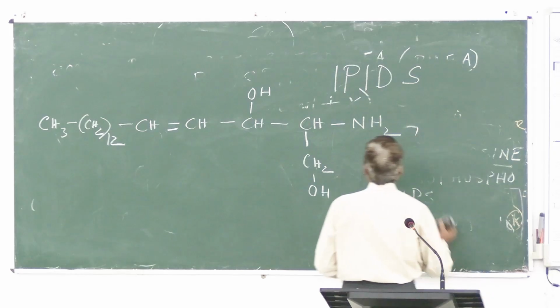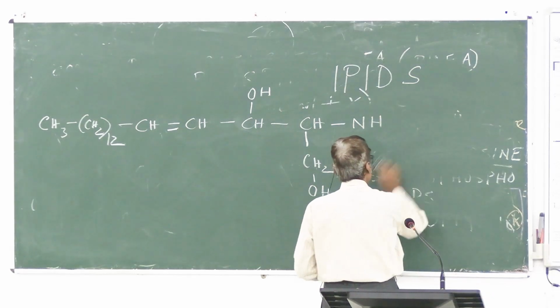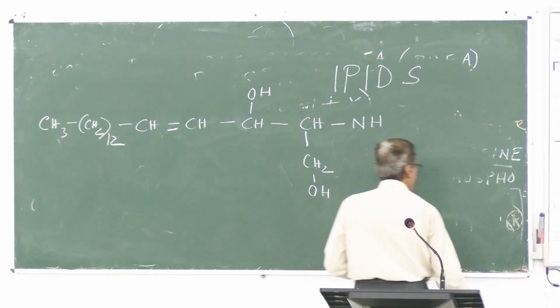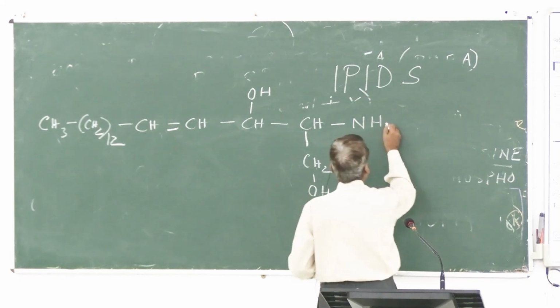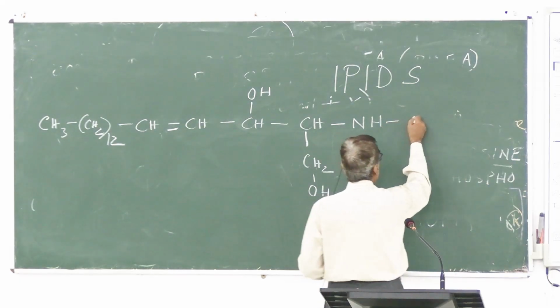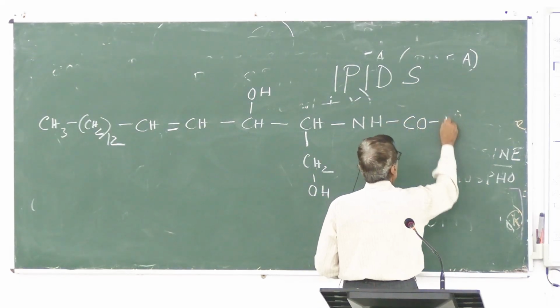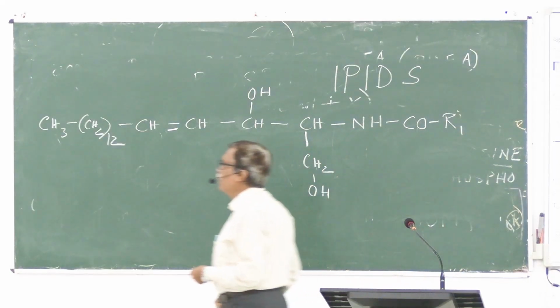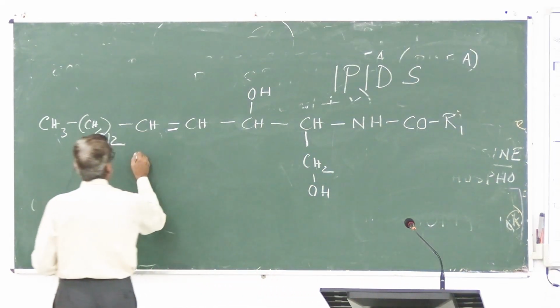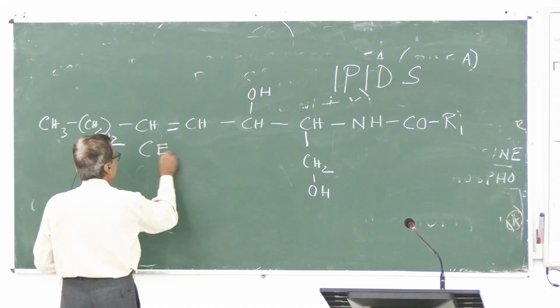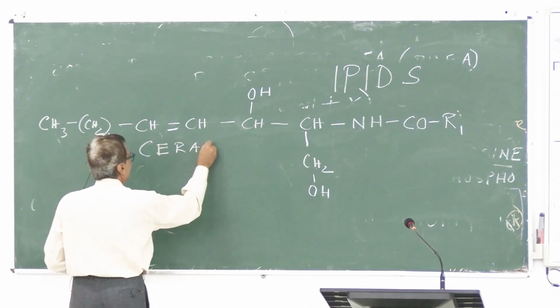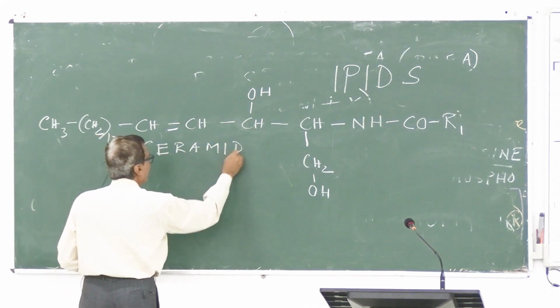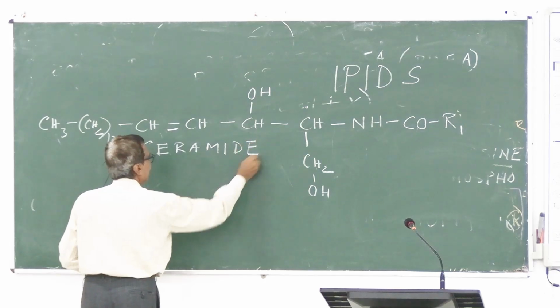Then it is esterified with the amino group, not the hydroxyl group, by an acid, and this structure is known as ceramide. Ceramide is the common component of all sphingolipids.